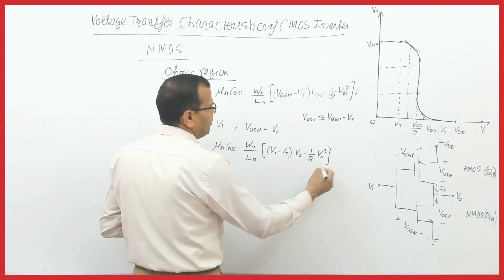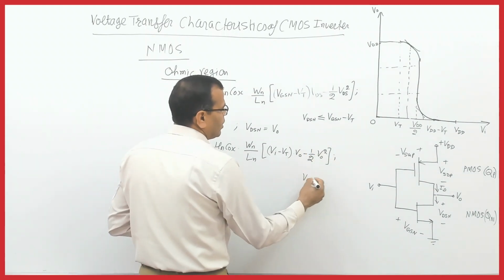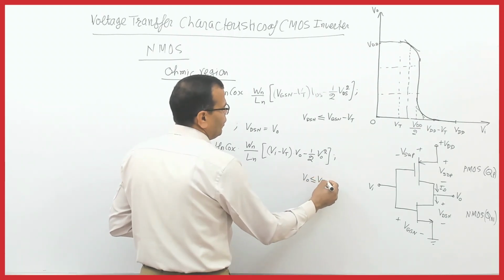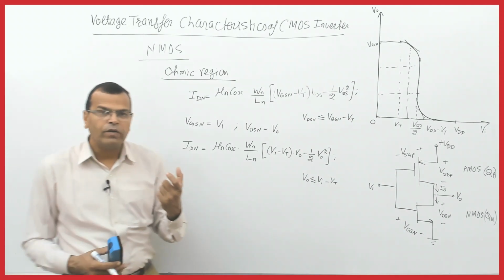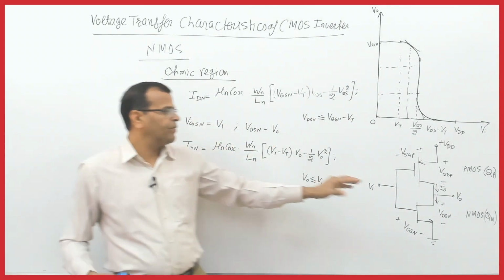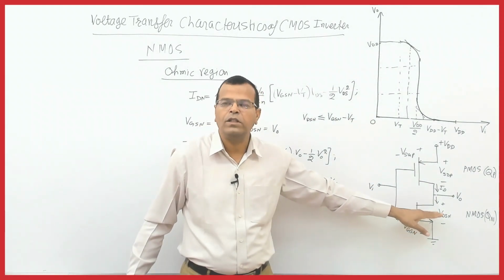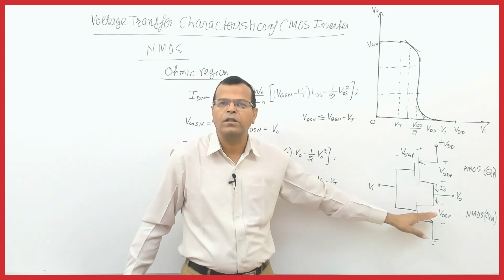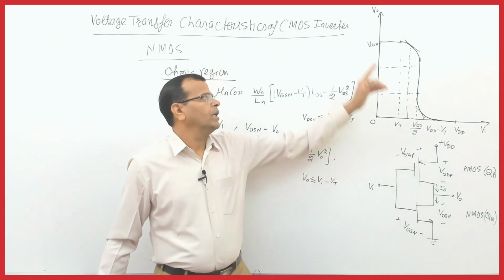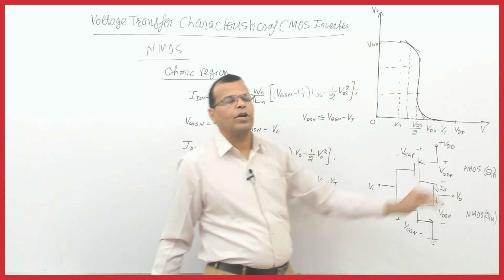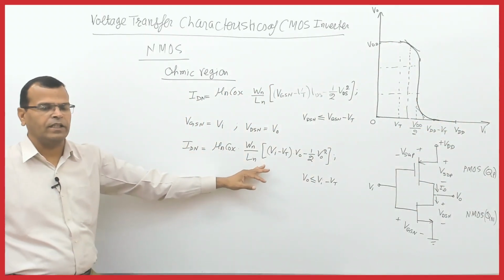And what will be the condition? V naught less than or equal to Vi minus threshold voltage. So what I have done? I have obtained drain current of this NMOS transistor for ohmic region of operation in terms of output and input voltages like this.